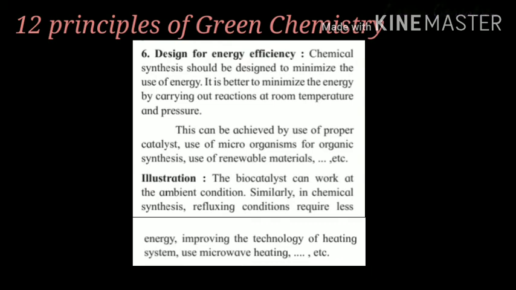Some examples of energy efficiency would be use of biocatalyst, which can work at ambient condition. Biocatalyst is the use of living systems or their part to speed up a chemical reaction. Ambient conditions include temperature, pressure, humidity, etc.